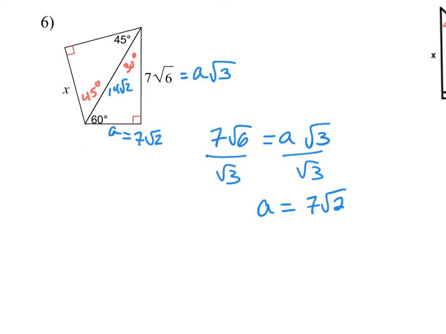In the 45-45 degree triangle, the hypotenuse is the measure of the legs times the square root of 2. So the hypotenuse is x times the square root of 2, and this equals 14 square root of 2 because I already found it. So I'm just dividing by the square root of 2, which means that x equals 14.